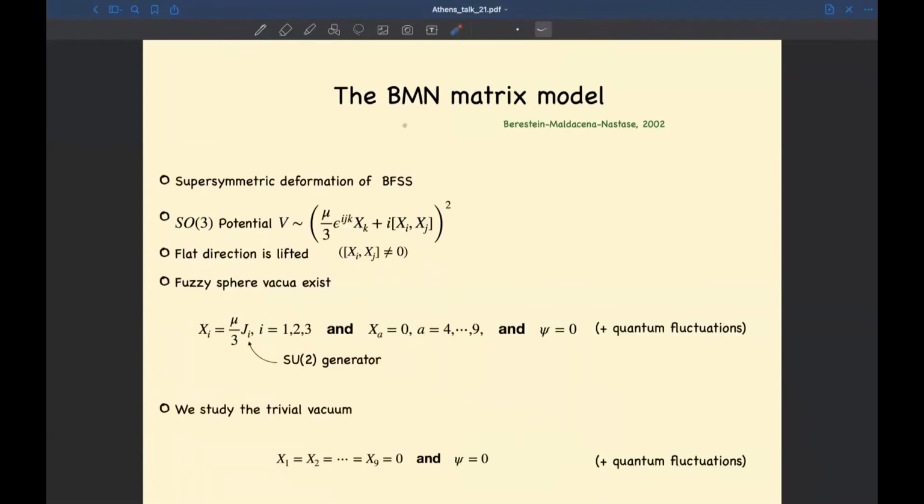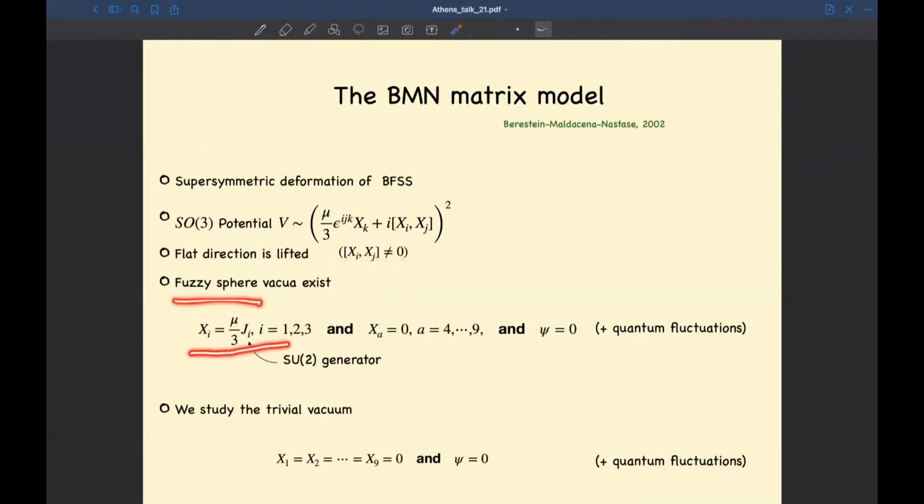So the BMN matrix model is a supersymmetric deformation of BFSS because it has some BPS states. And one can write the SO(3) potential like this. This potential is 0 if we assign the matrices SU(2) generators. This makes the flat direction to be lifted because the matrices do not commute anymore. And in addition to this, we have the fuzzy sphere vacuum.